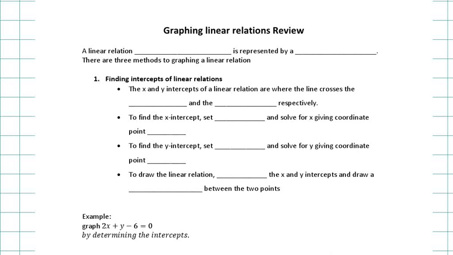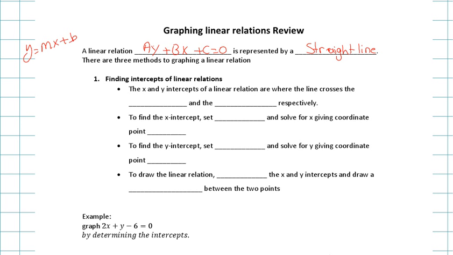Or you can have it in the slope y-intercept form, which is y equals mx plus b, where m is the slope of the line.